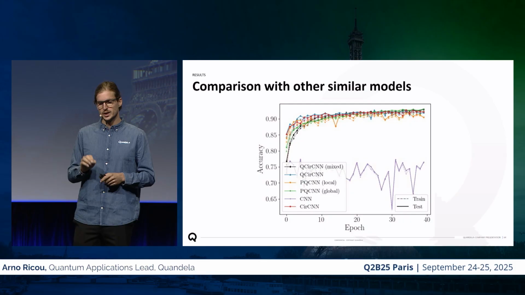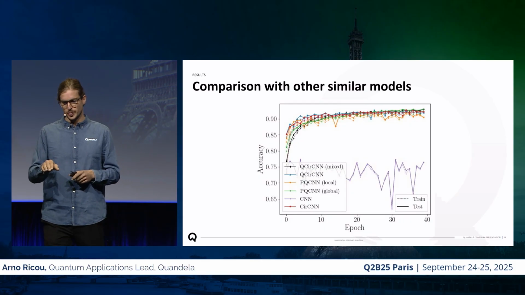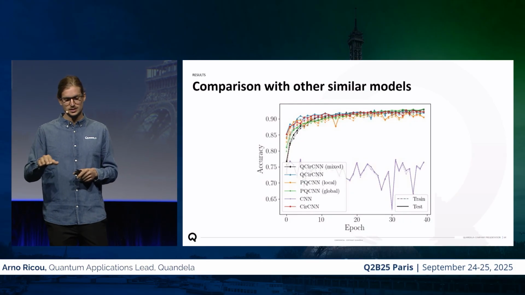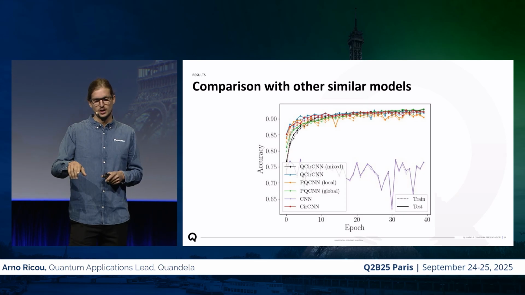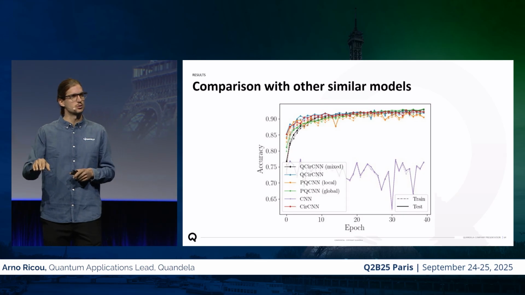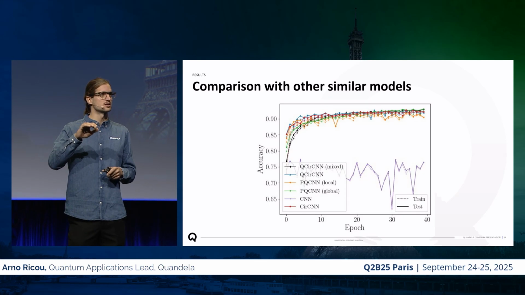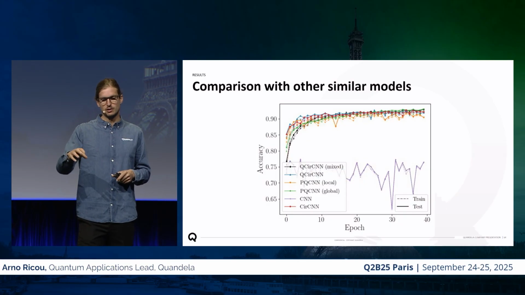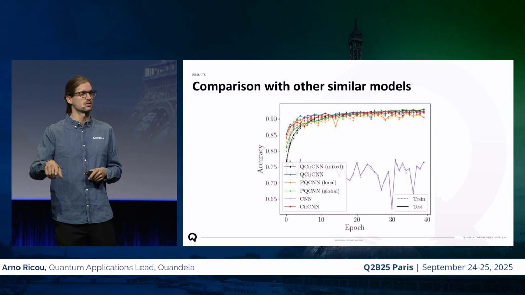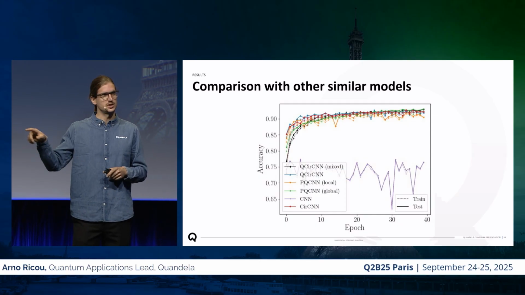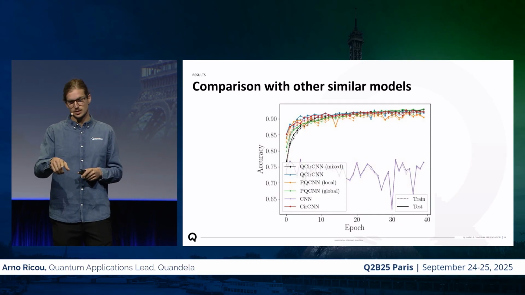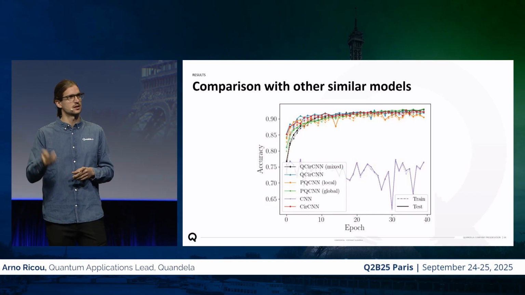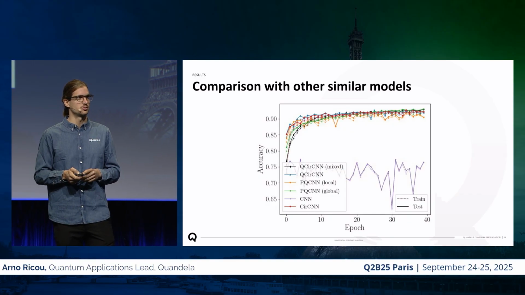And what's really interesting is that, with a similar amount of parameters, we trained a convolutional neural net, and we see that the training is not as good. It plateaus at around 75%, whereas our model, the quantum convolutional neural network, reached 91%. And same for the photonic quantum CNN from the related work I presented before.